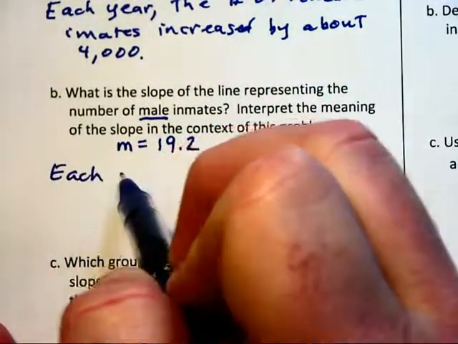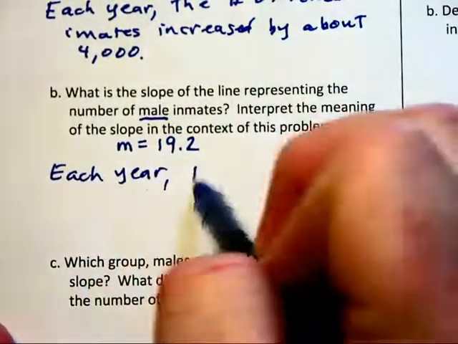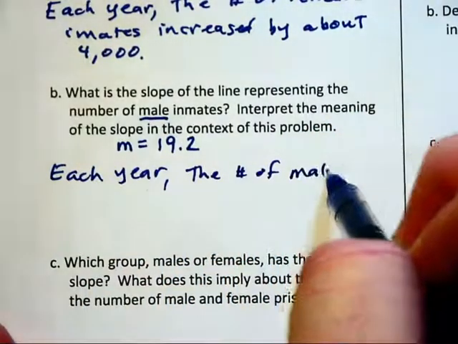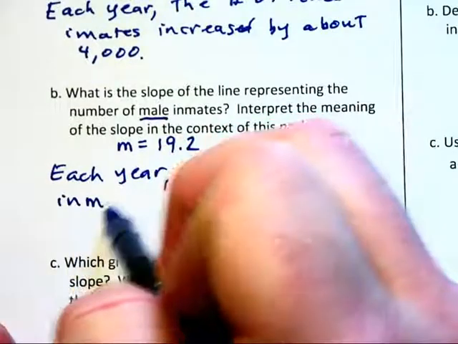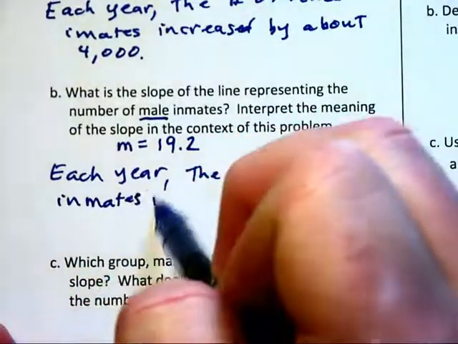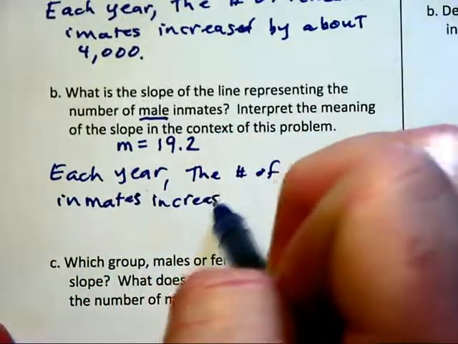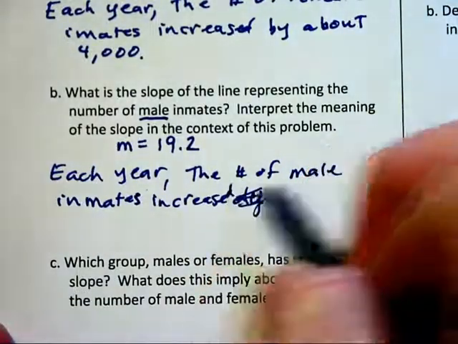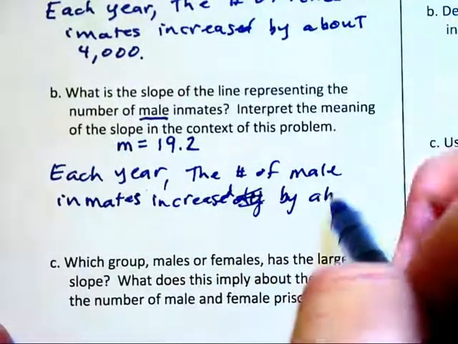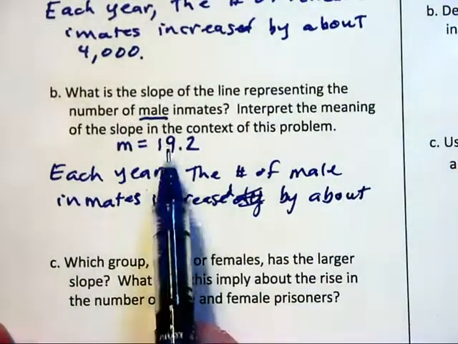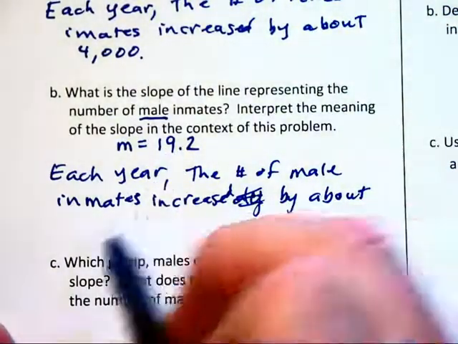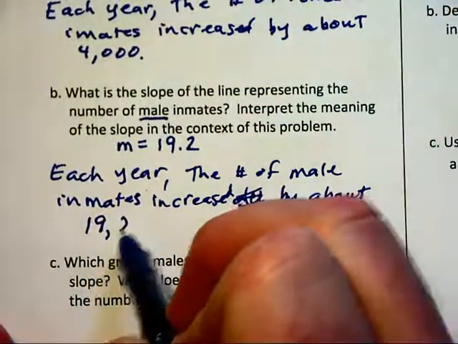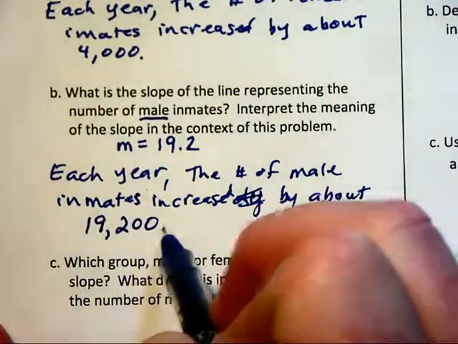Each year, the number of male inmates increased by about 19,200. Sorry, my writing is pretty bad here. The 19 in thousands makes that 19,000. The 0.2 means we're going to have 200 inmates.